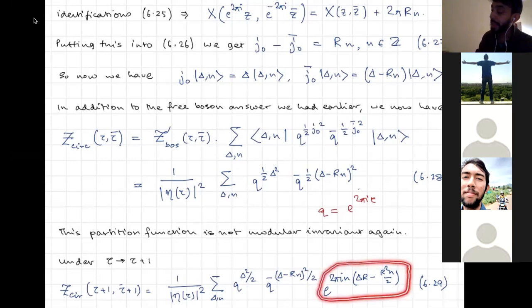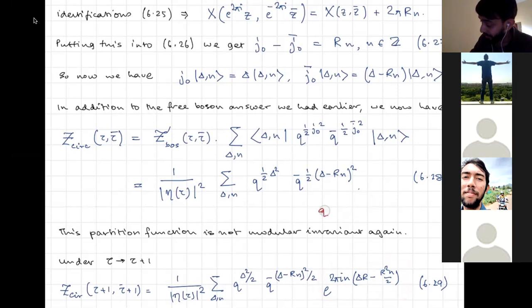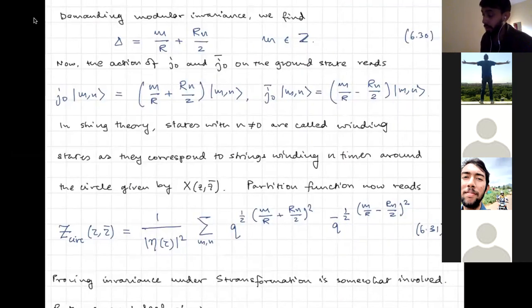Okay. If you are to demand that your partition function is invariant, this extra factor cannot be there. So that restricts what the form of delta would be. Okay. So if you demand that your partition function is modular invariant, your weights have to be of the form m over R plus Rn over 2.